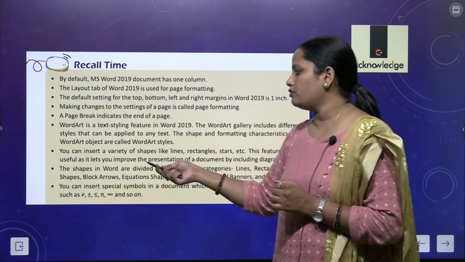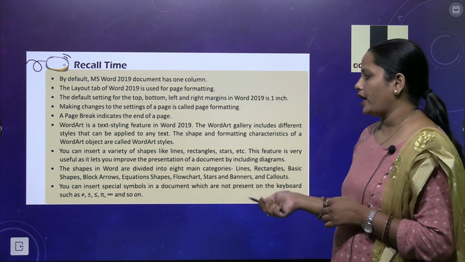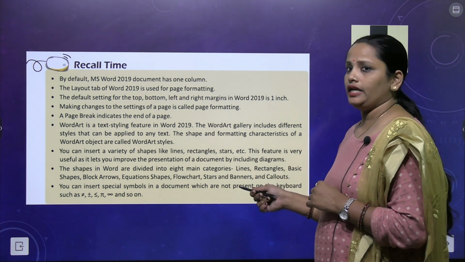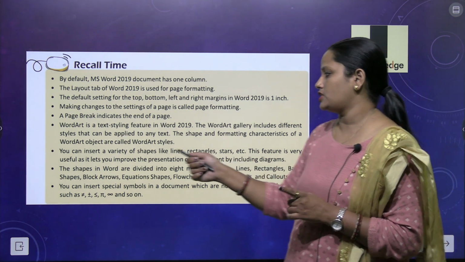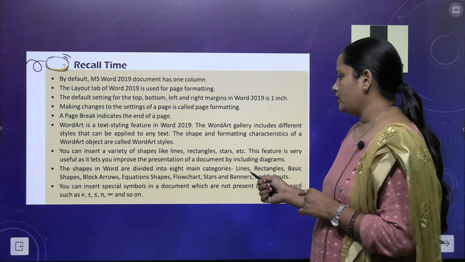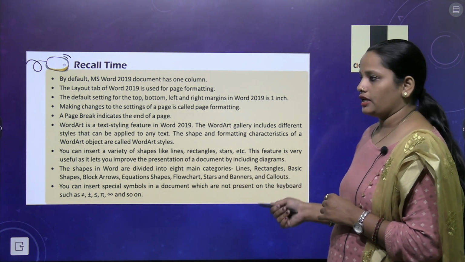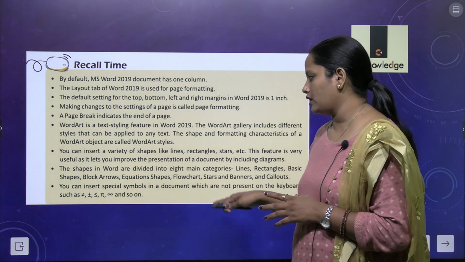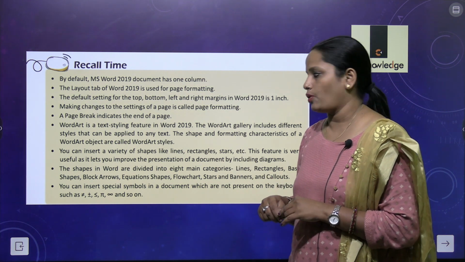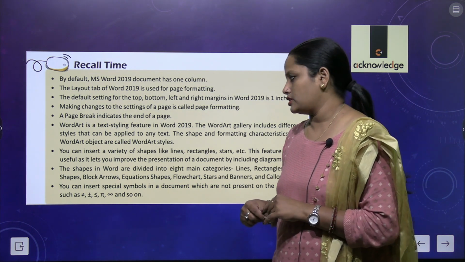The shapes in Word are divided into 8 main categories. They are line, rectangle, basic shape, block arrows, equation shapes, flowchart, stars and banners, and callouts. So these all are the main 8 categories in which the shapes are divided in MS Word 2019.